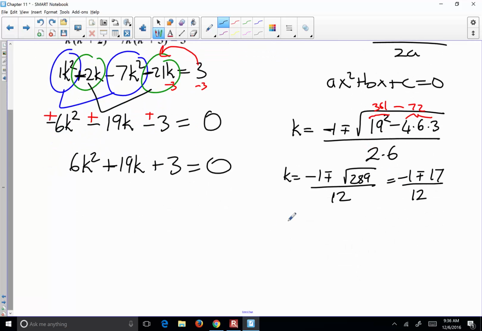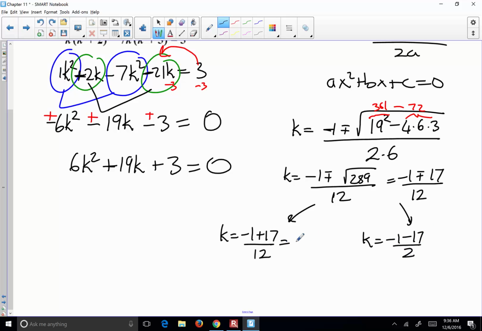There will be two answers here. One is the positive option. The other one is the negative option. This is 16 over 12. I can reduce both by 4. 4/3 is the first one.